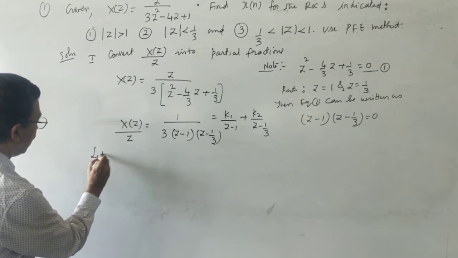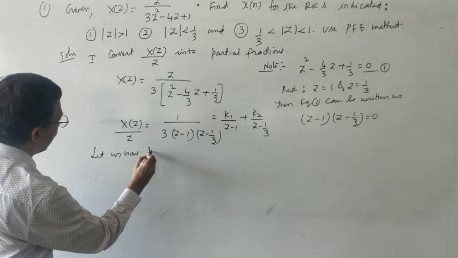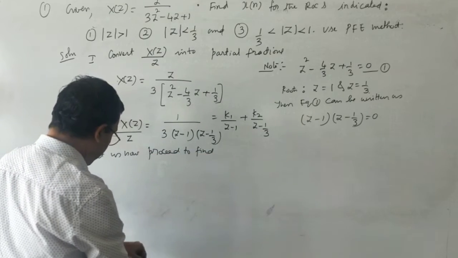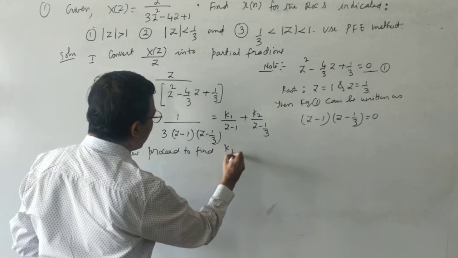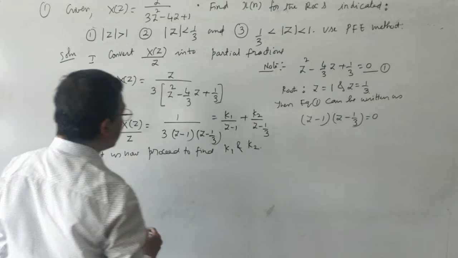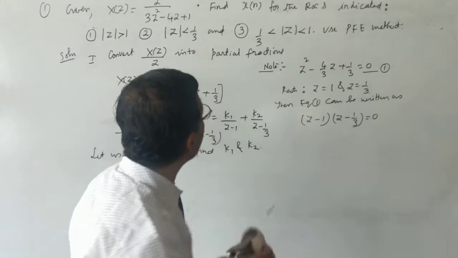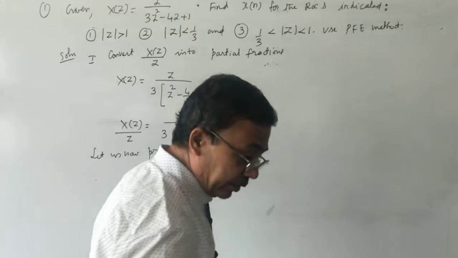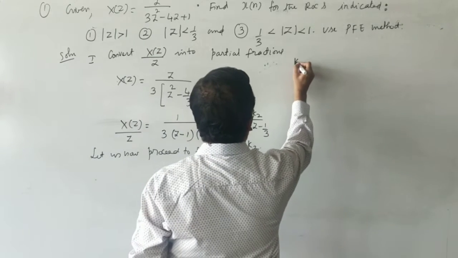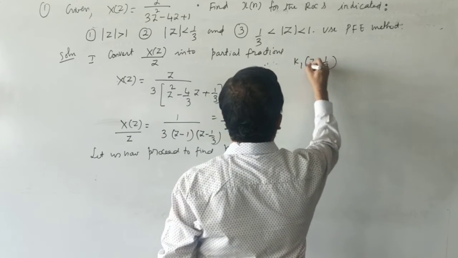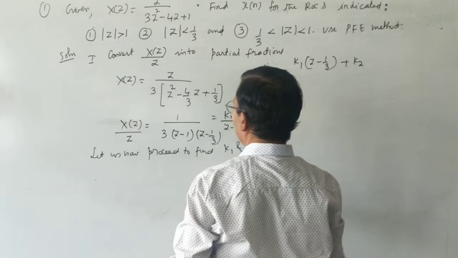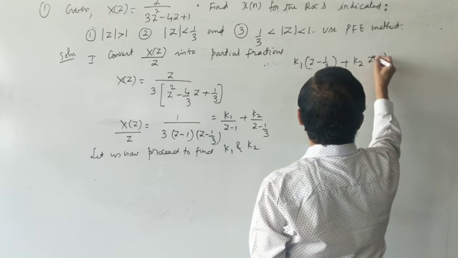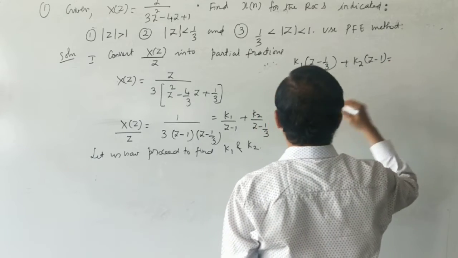Let us now proceed to find k1 and k2. So k1 into z minus 1 by 3 plus k2 into z minus 1 equals 1 by 3.